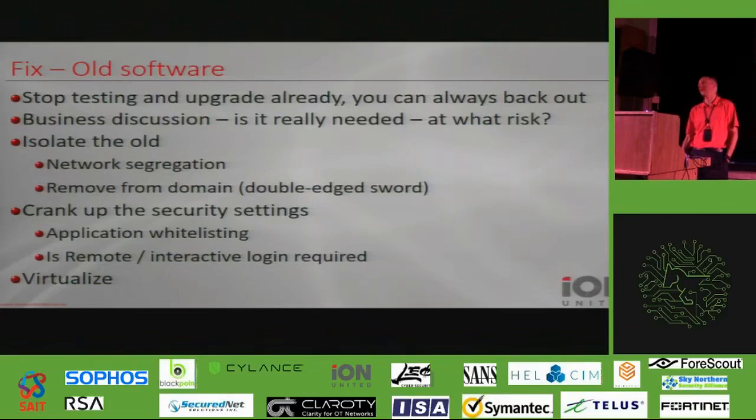Use whitelisting so that you're only whitelisting the pieces of the OS that are needed to print. Don't allow anything else. And virtualize, because it gives you more flexibility. You can apply some stronger security tools at the hypervisor level, you can move things around, you can segregate them, and you're one step closer to being able to get rid of that thing because you can clone it, you can roll things back, and so on.